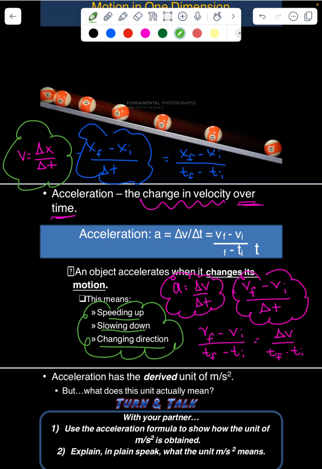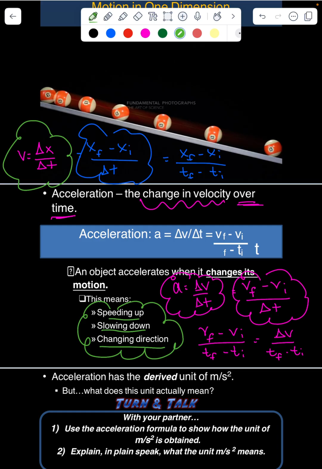Because velocity is a vector quantity, even if the magnitude is staying the same, say you are on cruise control, if you are changing velocity, that means that you still have acceleration. So speeding up, slowing down, and changing direction are all forms of acceleration.